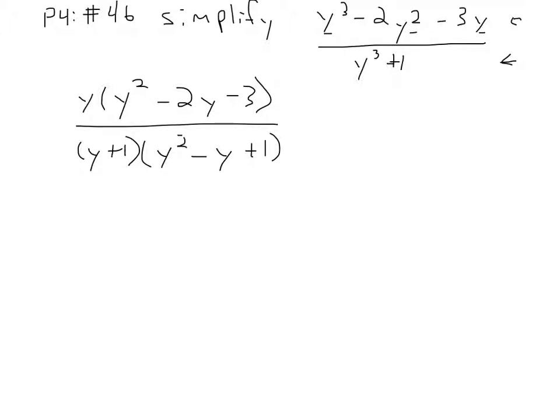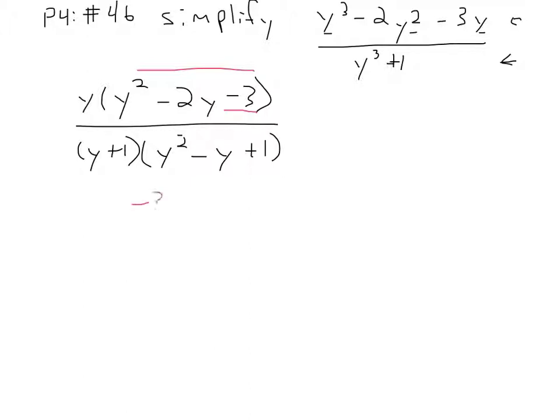Now, can this be simplified any further? On the top, we have y squared minus 2y minus 3. This minus 3 indicates that if we can break this up into two binomials, one of them has to be negative and one of them has to be positive, right?